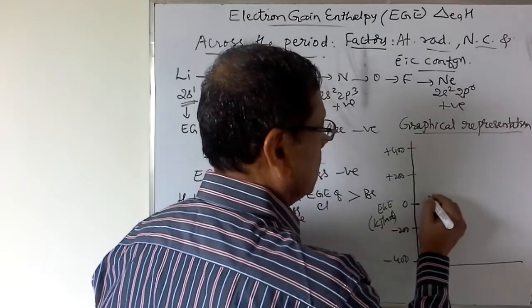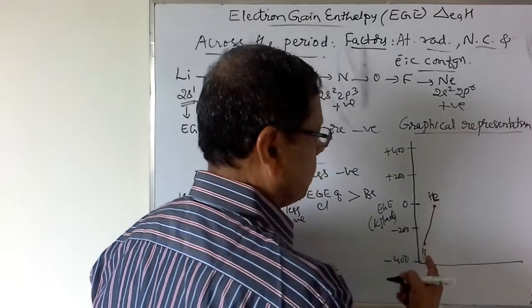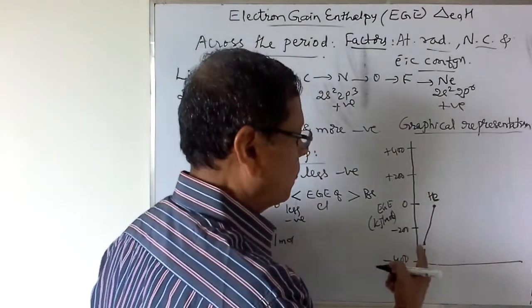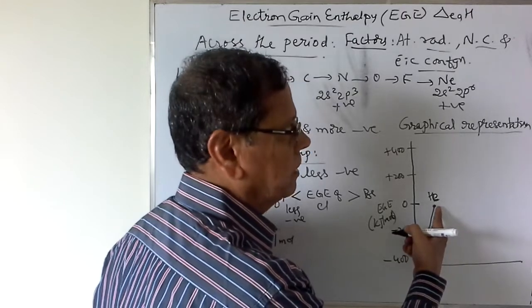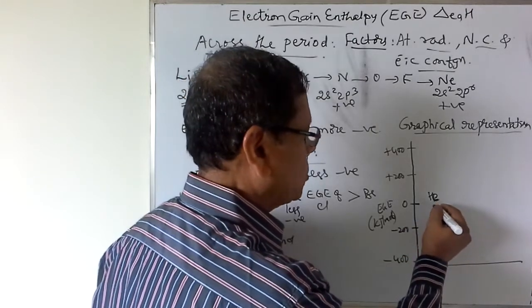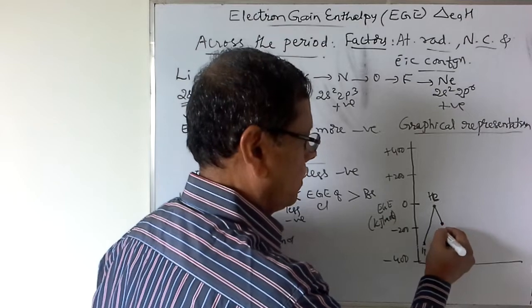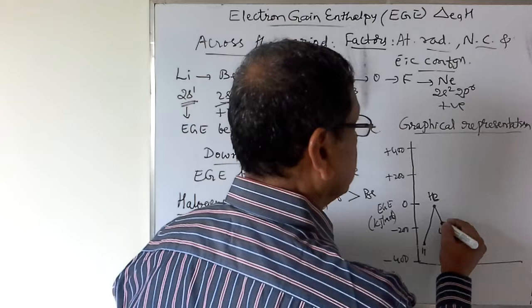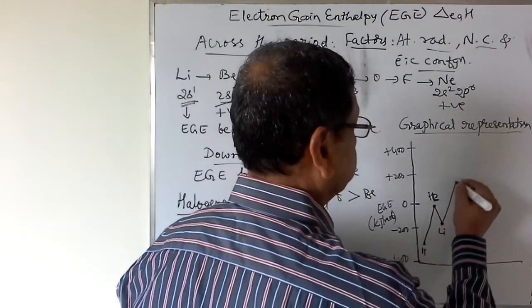Increase means it becomes positive in this case, or 0. From minus 300 to 0 it becomes. For lithium it is around minus 200.